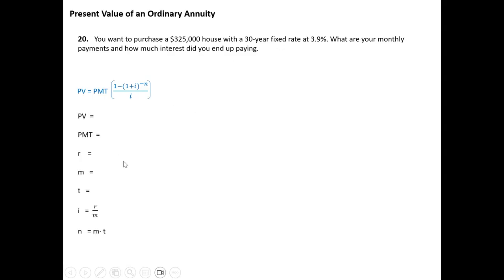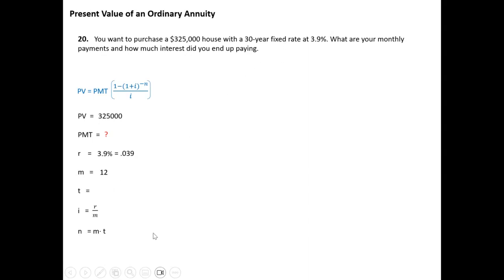So here, guys, we're looking for the monthly payments, which means the present value that you borrowed from the bank will be $325,000. The interest rate will be 0.039, 3.9%. For houses, most of the time, guys, the M will be 12 because you have monthly payments.